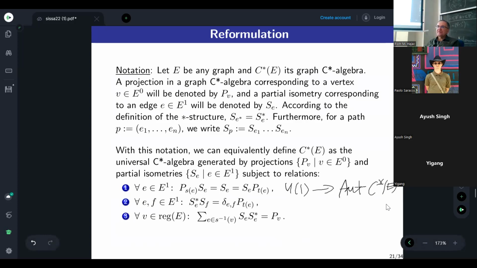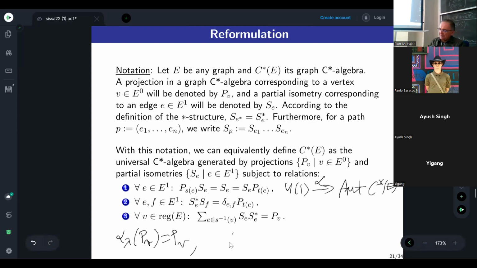And because it's the universal C-star algebra, I can just define the action on generators and verify that the relations are satisfied. Okay. So the definition is as follows. Let it be alpha, indexed by lambda, as an automorphism. So alpha lambda on a projection is just this projection.